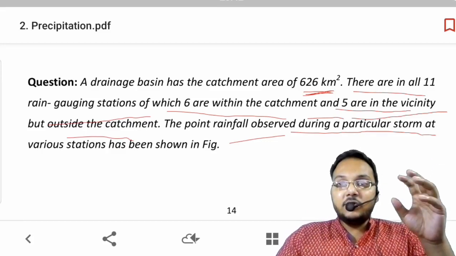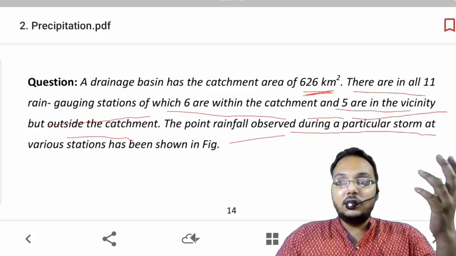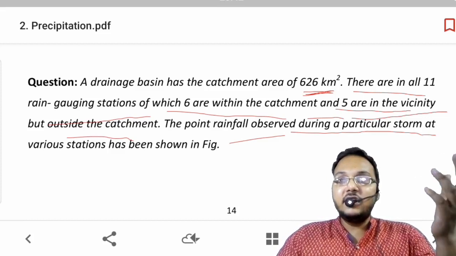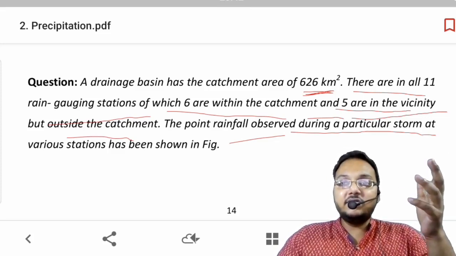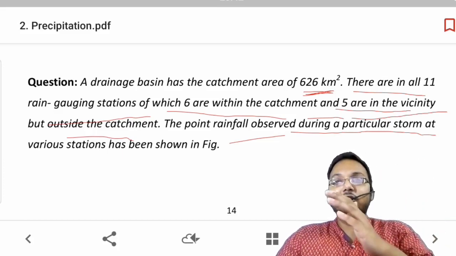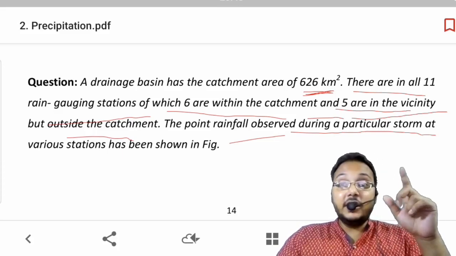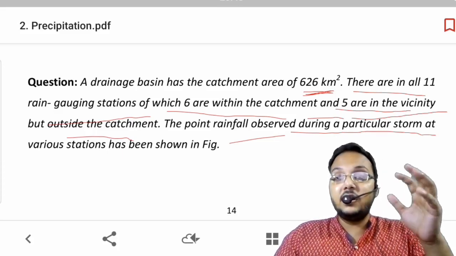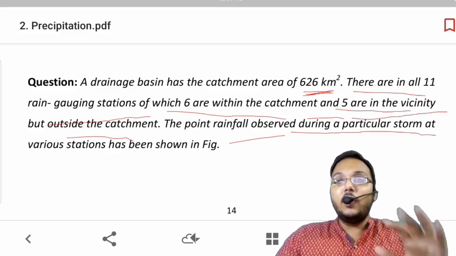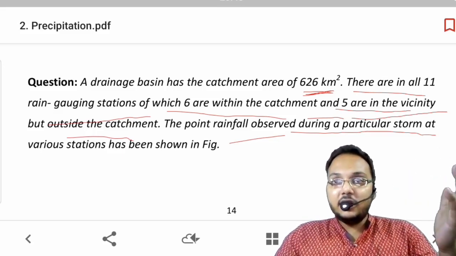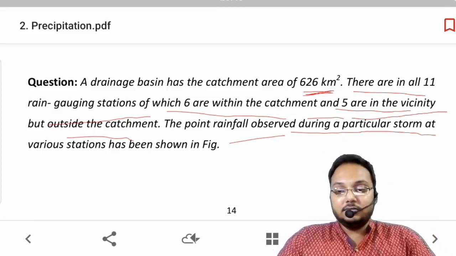But a place which is nearer to Delhi, like Faridabad or Chandigarh, these are quite close to Delhi, right? So the rainfall in these places can have some effect on the catchment of Delhi. So we are going to consider those rain gauging stations which are nearer to the catchment. Of course they are outside Delhi, but they are nearer to Delhi, so we are considering those.